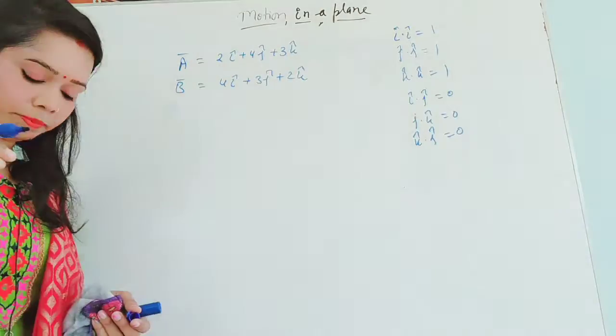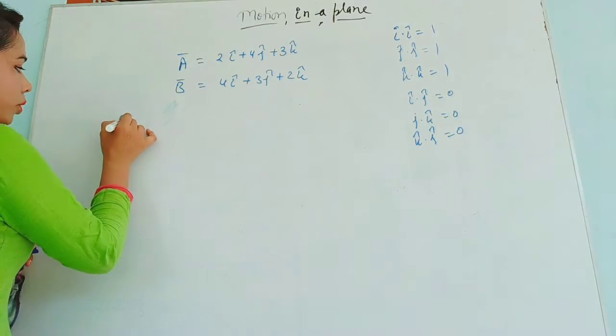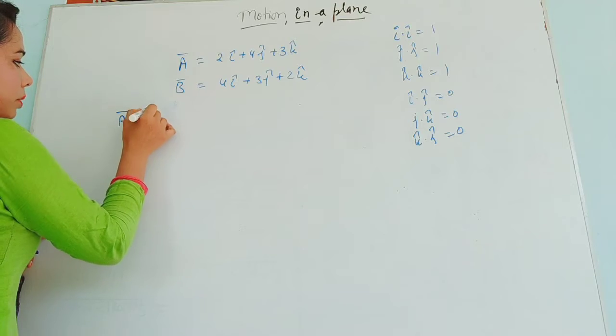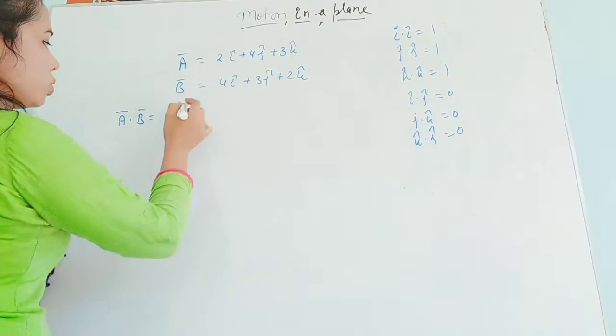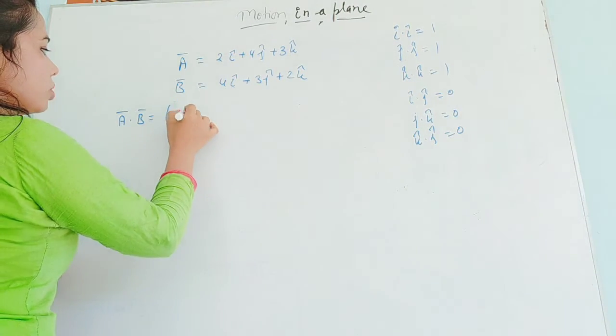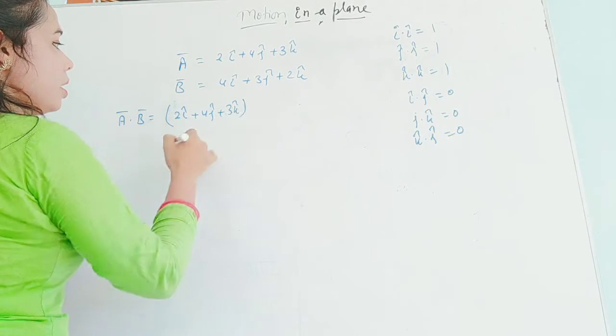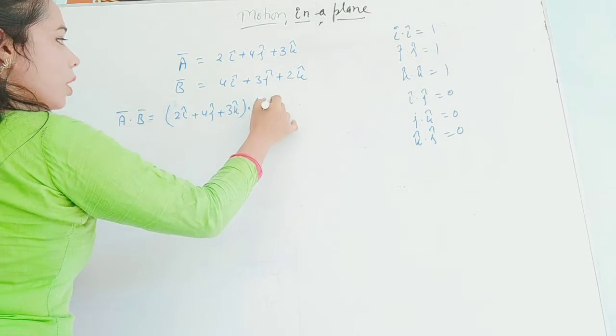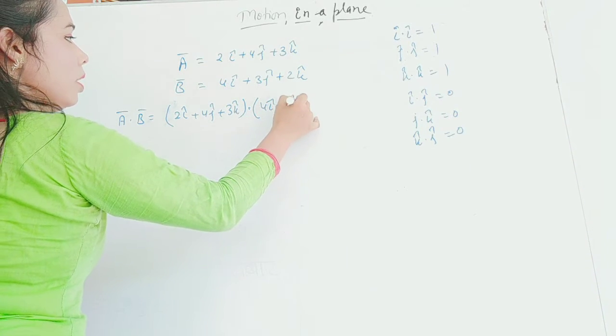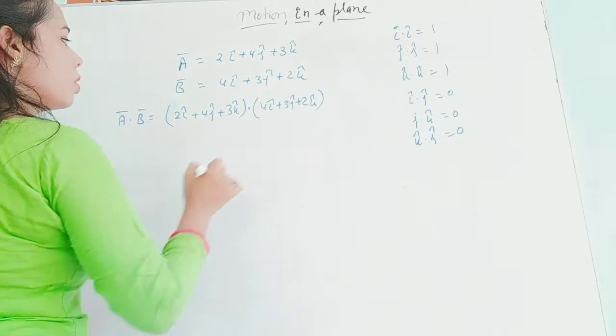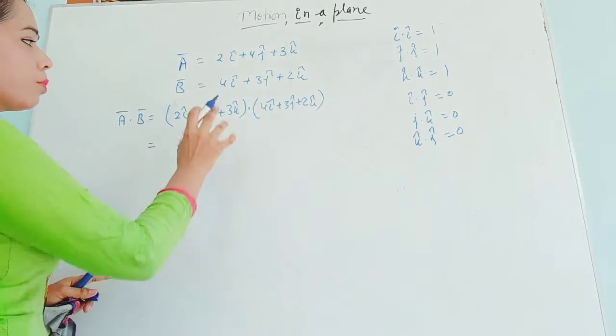Now see, I am going to find A dot B. You will substitute all these values: 2i plus 4j plus 3k dot 4i plus 3j plus 2k. Now you are trying to find the dot product of these vectors.